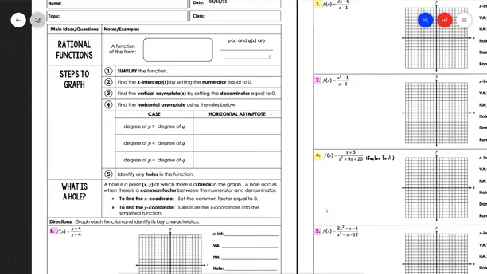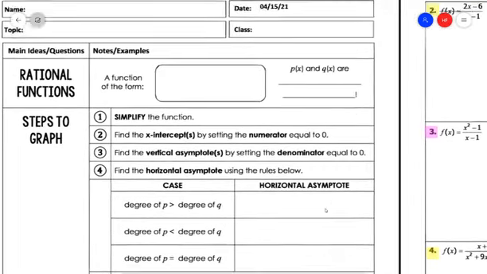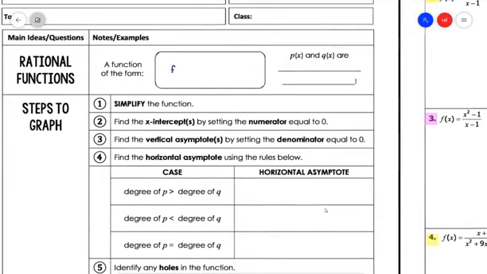Hey guys, so today we will be graphing rational functions. That just means that we are dealing with a function of the form f of x equals p of x over q of x.